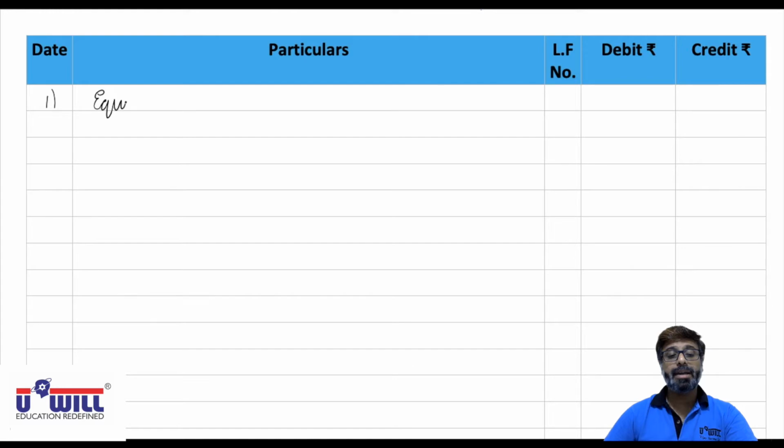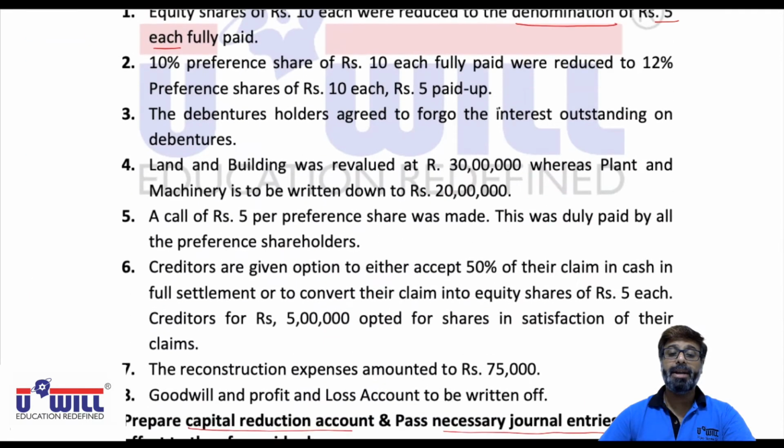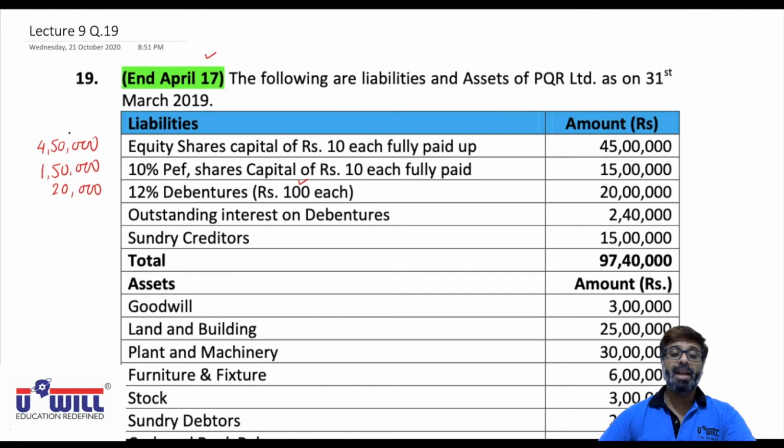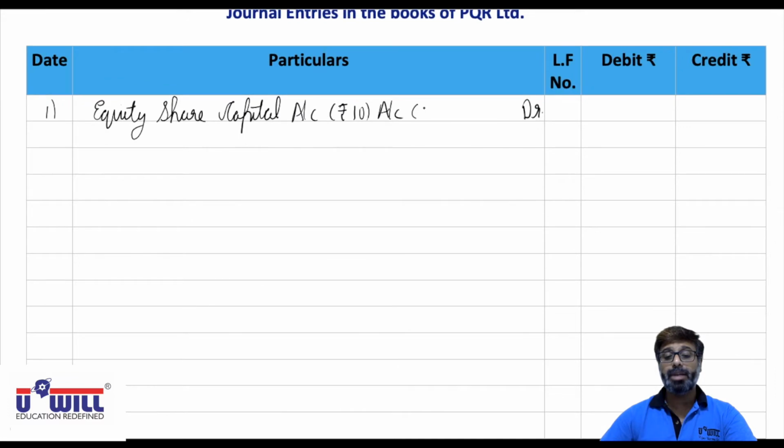Equity share capital with old face value, that is rupees 10, account debit. I repeat, equity share capital with old face value, that is rupees 10, account debit. An amount, there are 4,50,000 equity shares. So 4,50,000 into 10, 45 lakhs.